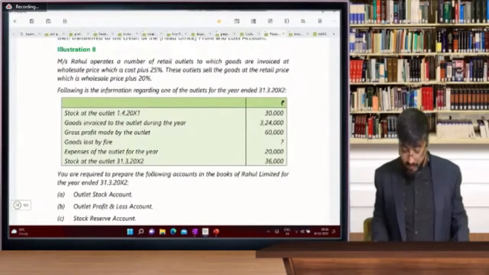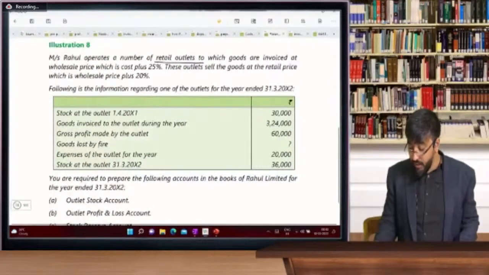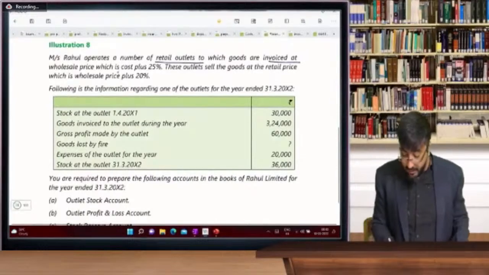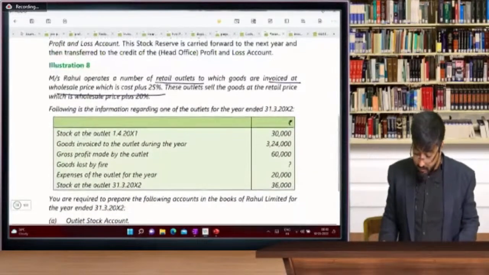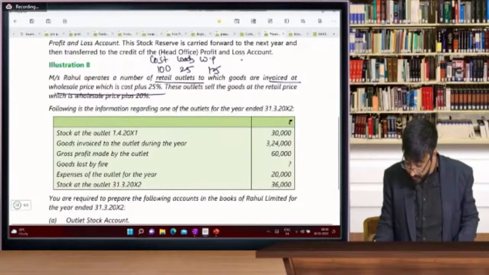Chalo. Last question. Messrs. Rahul operates a number of retail outlets to which goods are invoiced at wholesale price plus cost. Wholesale price which is cost plus 25%. So beta cost, wholesale price, 100, 25, 125. So this is loading. It's similar beta.